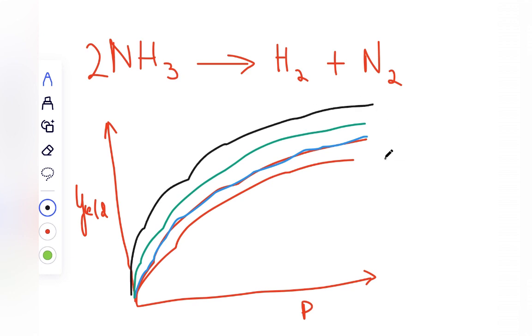So here you have the higher temperature, the one at the bottom, let's say 550. Here you have 500. Here you have 450. Here you have 400.